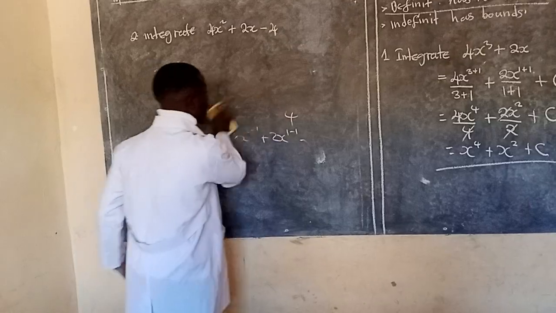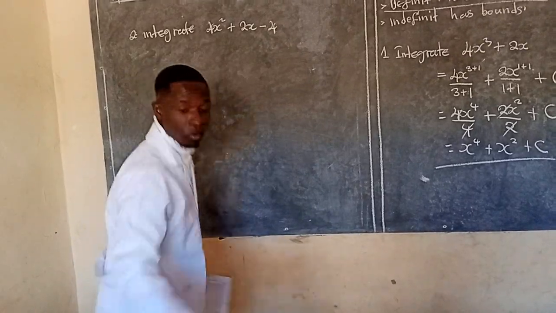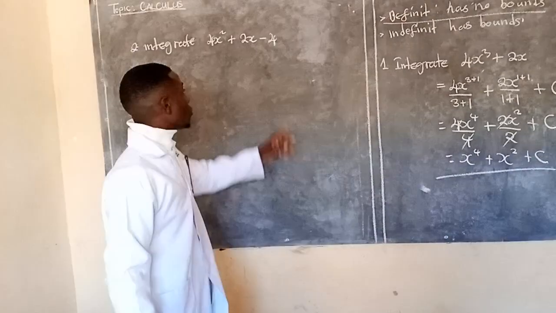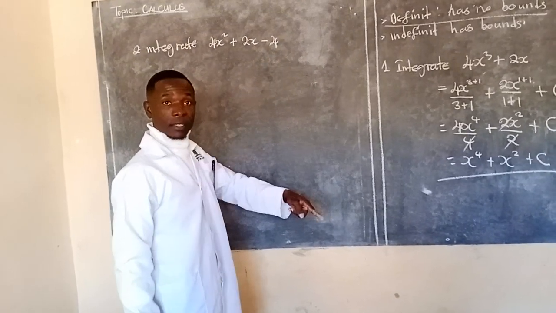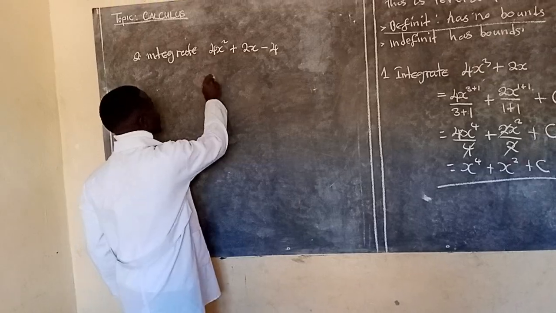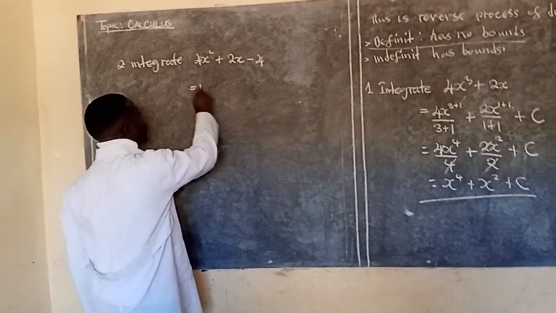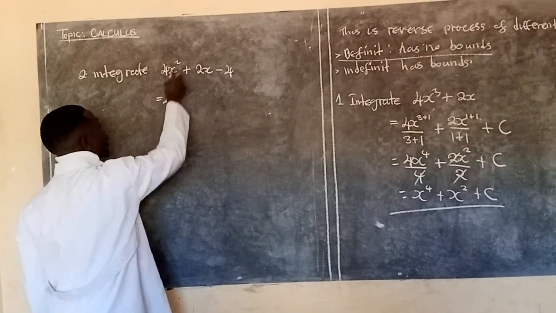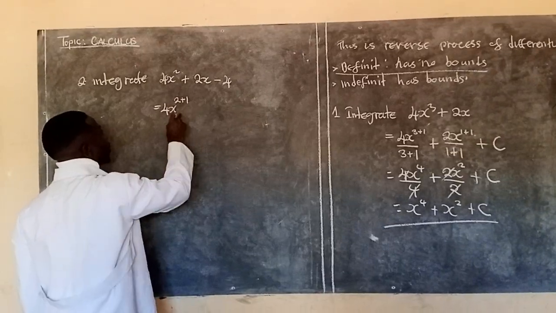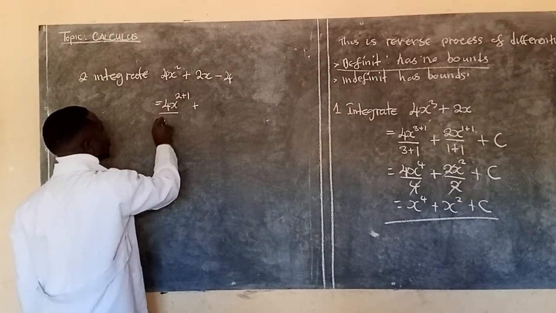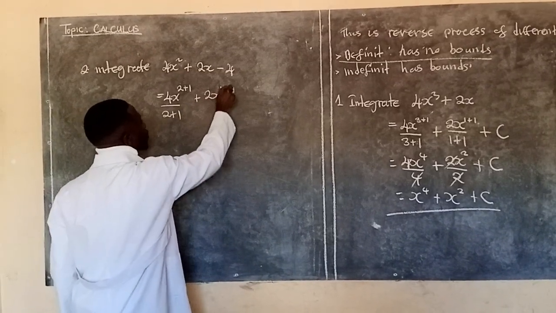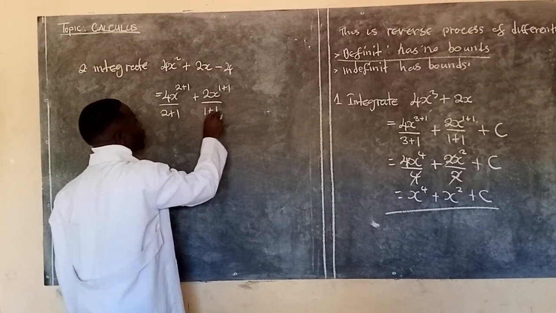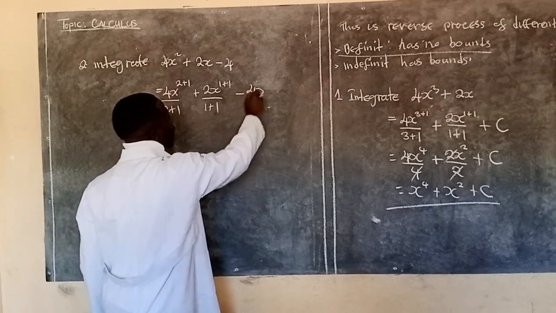But now, when it comes to integral, remember, under differential we were saying that this value is 0, but now we are adding x ourselves. So this will be equivalent to 4x. Remember, we do not multiply. Then 2 plus 1 over 2 plus 1, here we have 2x to the power 1 plus 1 over 1 plus 1, minus 4 and x.